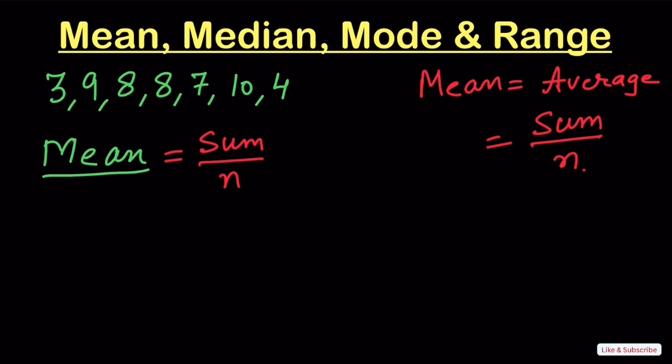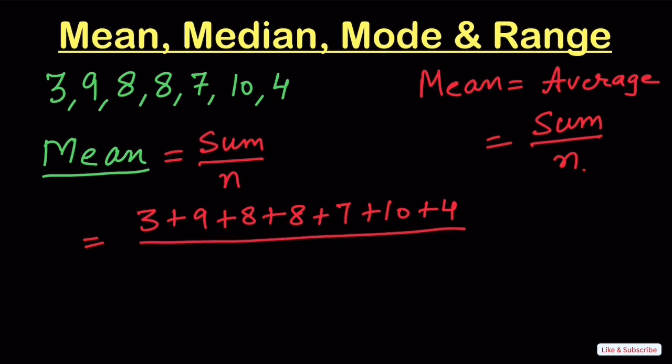So here, we need to find the sum of all these numbers. That is 3 plus 9 plus 8 plus 8 plus 7 plus 10 plus 4, and we'll divide them with how many they are. So let's count 1, 2, 3, 4, 5, 6, 7, and we are dividing this with 7.